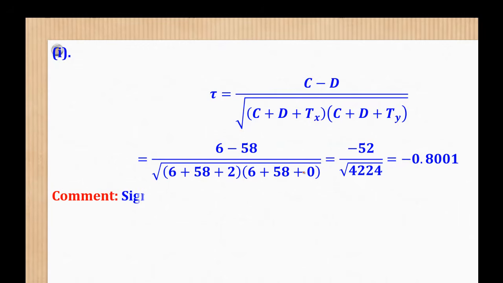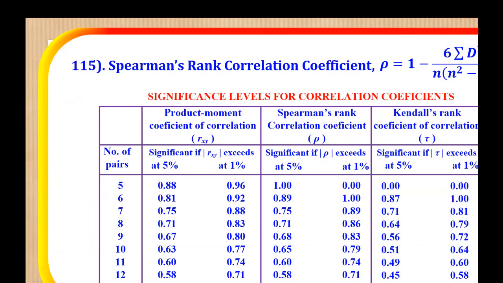And the comment we get the same way we used to comment in Spearman. So we shall come and say, here, how many pairs were there? They were 12. So 12, we shall come for Kendall's, which is this and this. Here they are saying significant if the calculated value exceeds the table value.